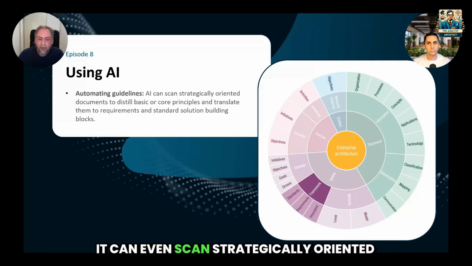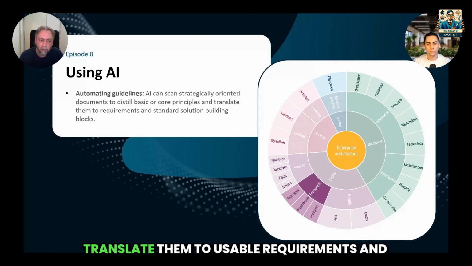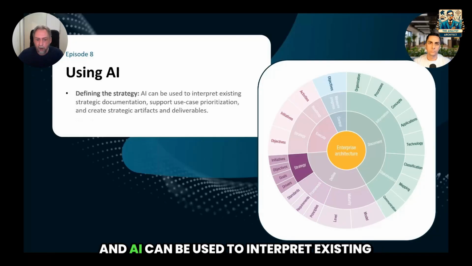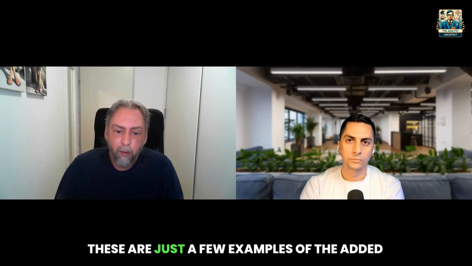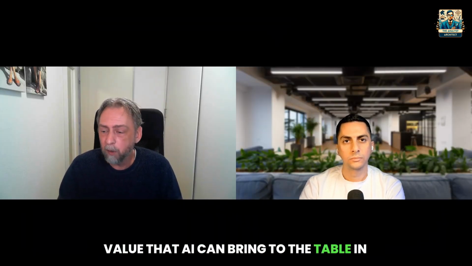It can even scan strategically oriented documents to distill or extract basic or even core principles from them and translate them to usable requirements and even to standards or standard solution building blocks. And AI can be used to interpret existing strategic documentation, to support use case prioritization and create strategic artifacts and deliverables. These are just a few examples of the added value that AI can bring to the table in combination with the implementation wheel.